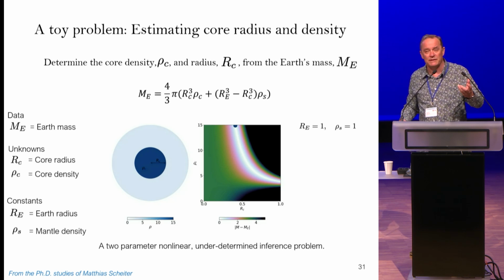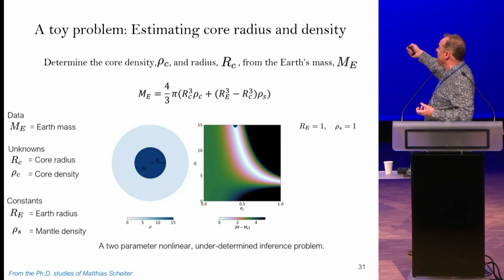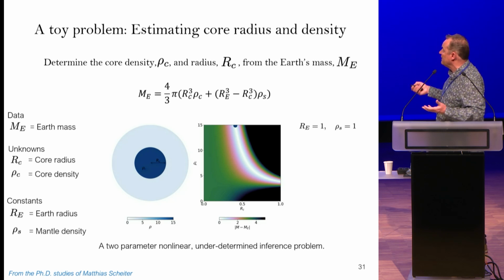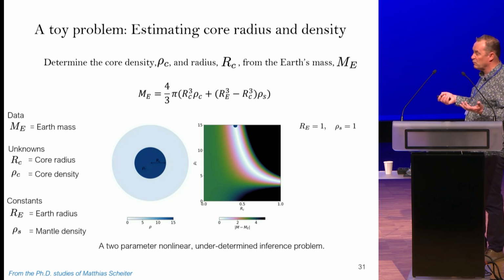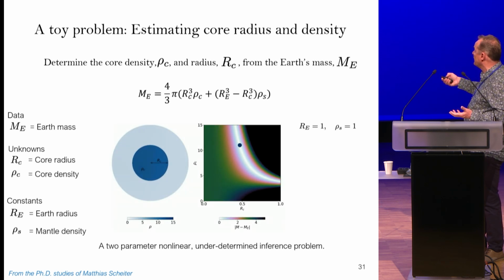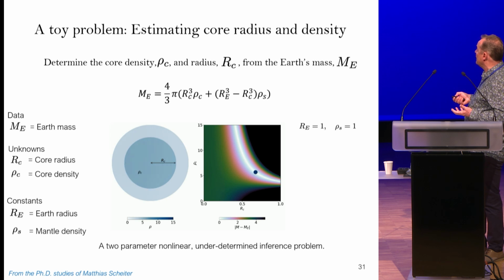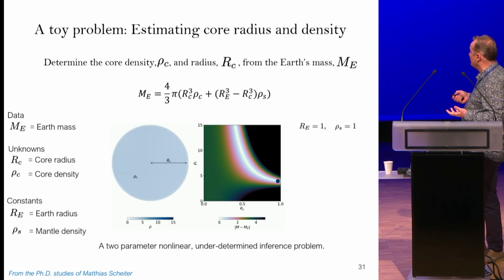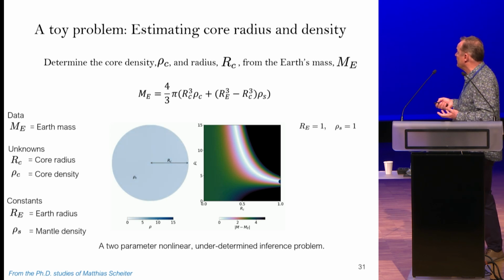It's an underdetermined problem. If my outer radius is 1, and my outer density of the shell is 1, I can look at how the constraint I place with one observation, 2 unknowns, on the radius of the core and the density of the core. And there you go. It's a completely underdetermined problem.